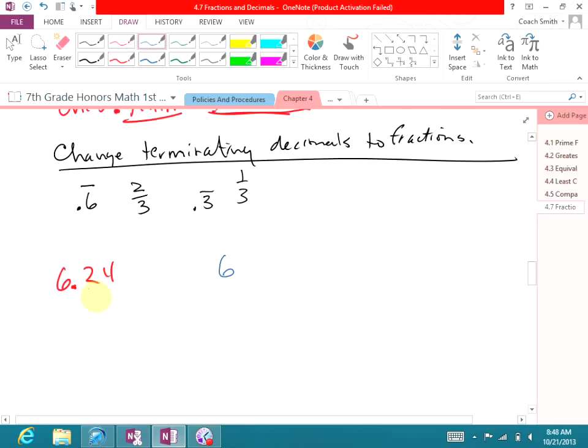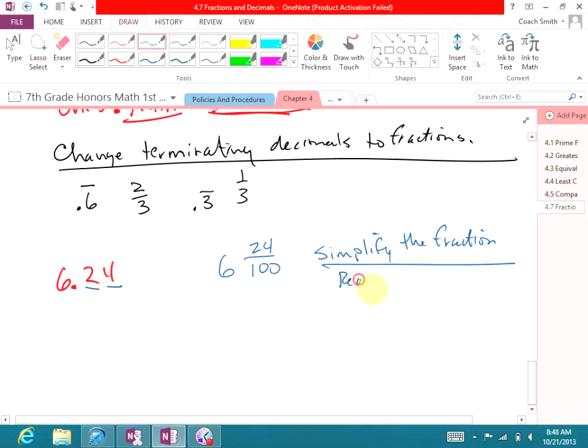Then I have the tenths and the hundredths place value. So I take 24 and put it over 100. Now, I must simplify the fraction. Simplify means to reduce to lowest terms.